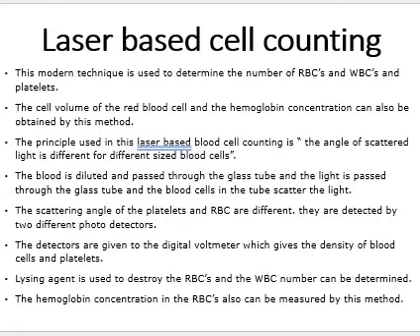These are photo detectors. The output from the photo detector is given to a digital voltmeter to count the number of cells. Then a lysing agent is used to destroy the RBC.